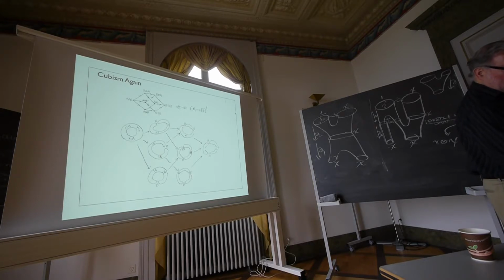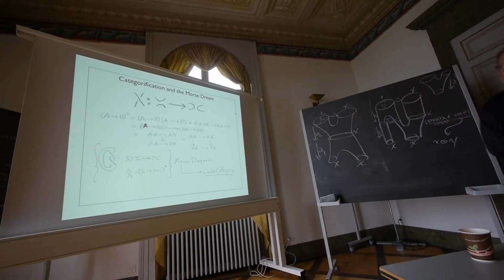So here I am with the cubism again and this side remark. The side remark that I wanted to make was about elementary algebra, and also about wondering how to do this more generally. Now the elementary algebra remark is, let's suppose that you decided to square A arrow B. And you decided that you would have the distributive law for things like this. Arrows could distribute across elements just as though you were multiplying in the usual way.